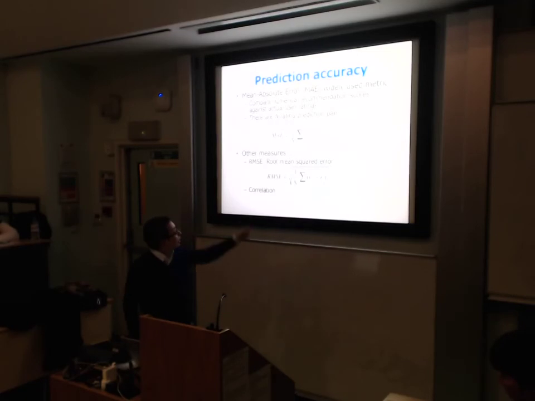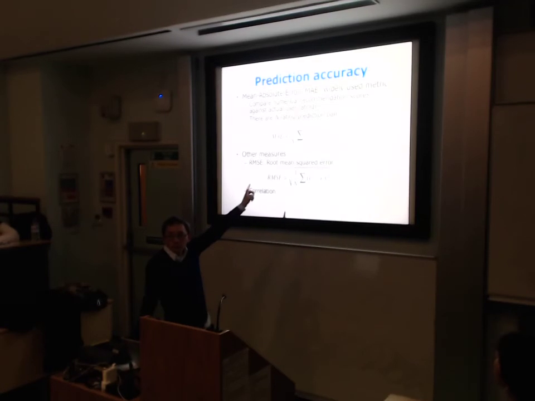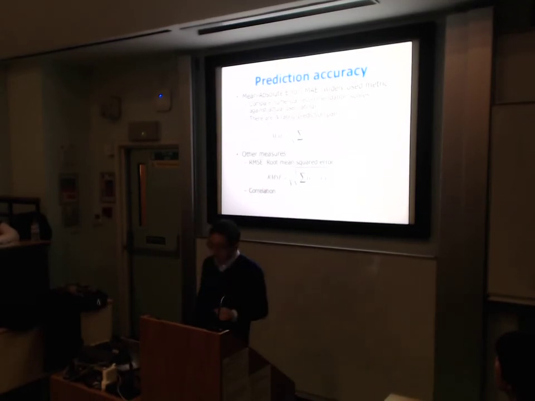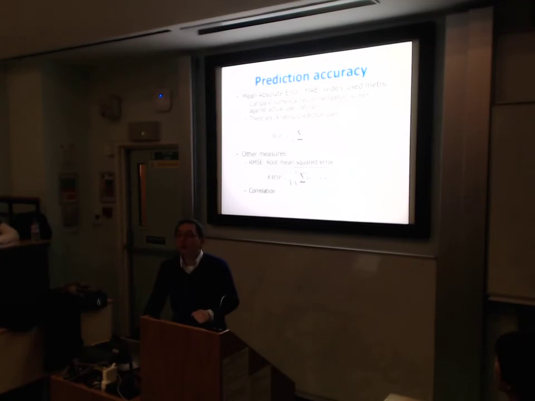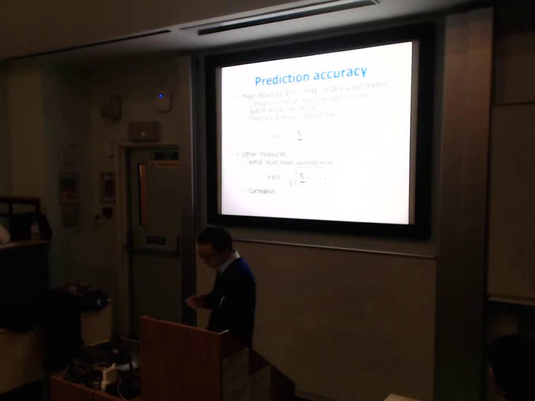You have a prediction, let's say R-hat, and then you have your ground truth, which is say 5. If you predict 4, you get an error of 1. You average all the errors that you got. This is called mean absolute error. Using this as a metric, the lower the better. You can compare different algorithms.